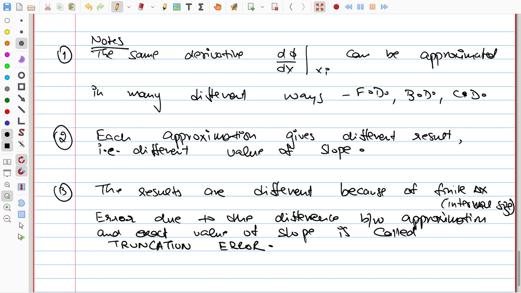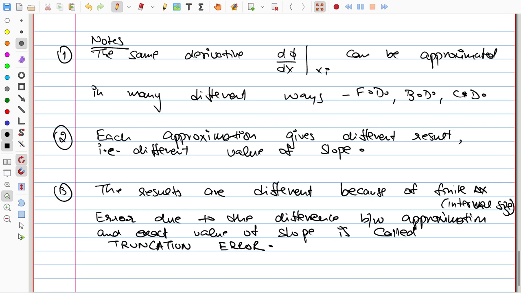So this error, the error between the exact slope at the point and the one that you are approximating, is there because of the finiteness of delta x. That is a very important idea. It is quite simple, but still important. So delta x is finite, and that is the reason you get an error in the estimation of slope.